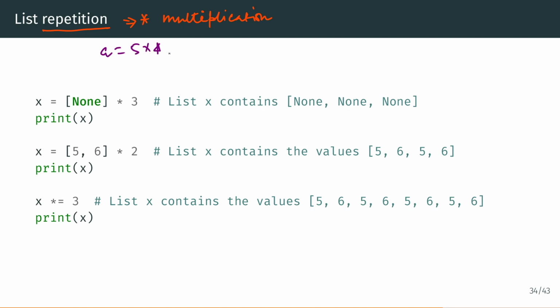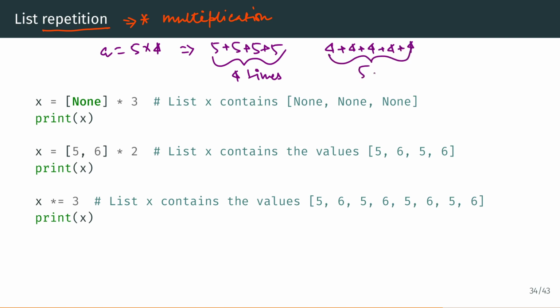This is equivalent to saying a equals 5 plus 5 plus 5 plus 5, so 4 times 5, or you can also say 4 plus 4 plus 4 plus 4 plus 4, which is 5 times 4. That's where the times comes from.